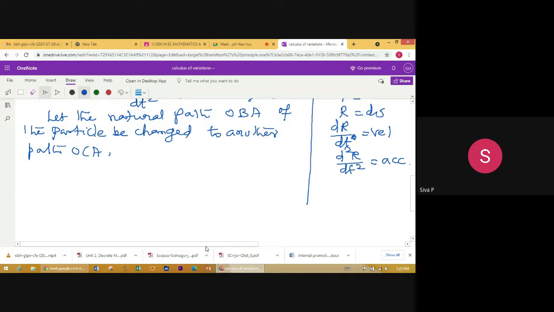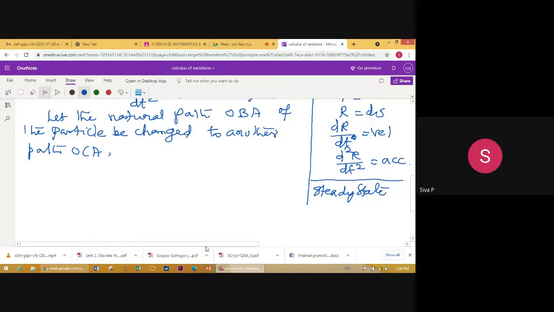Steady state problem, transient state problem. In steady state, the variables will be constant, sir. Your answer is half correct: after a specific time, steady state.